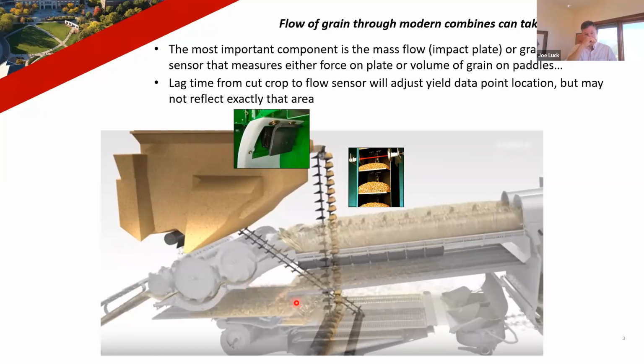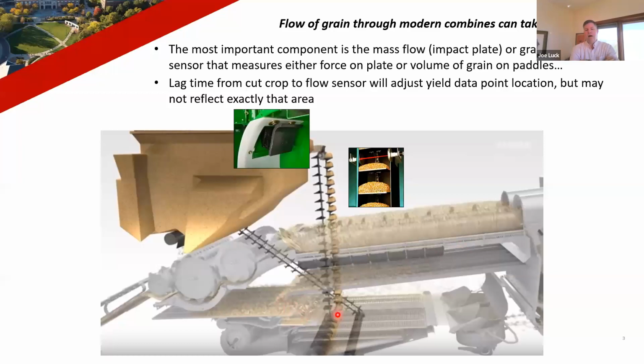You can start to get some appreciation for it. If I cut that crop, whether soybeans or wheat, it starts its journey across the header up into the throat of the combine, and then moves into the rotors where we start the grain removal process. As the grain moves along these sieves and further up into the machine for cleaning, it's coming down more sieves.